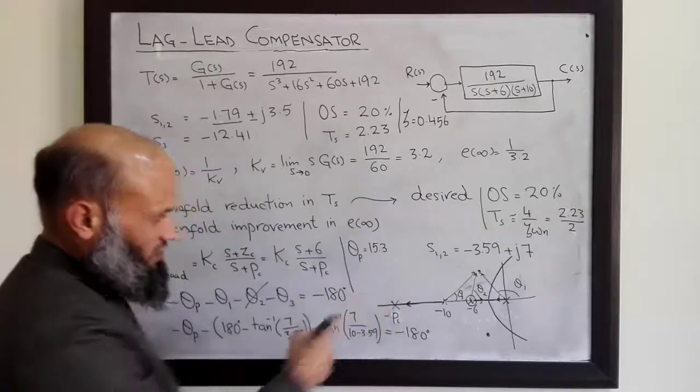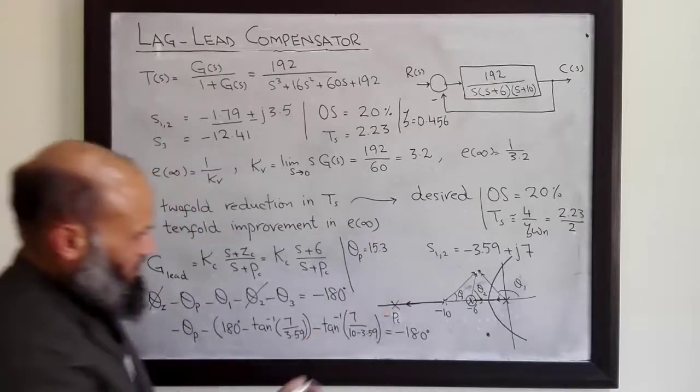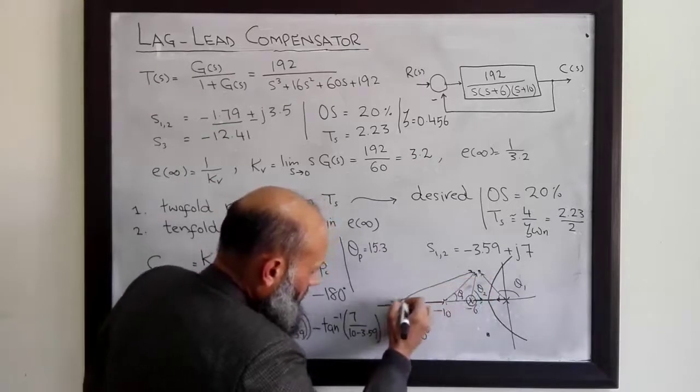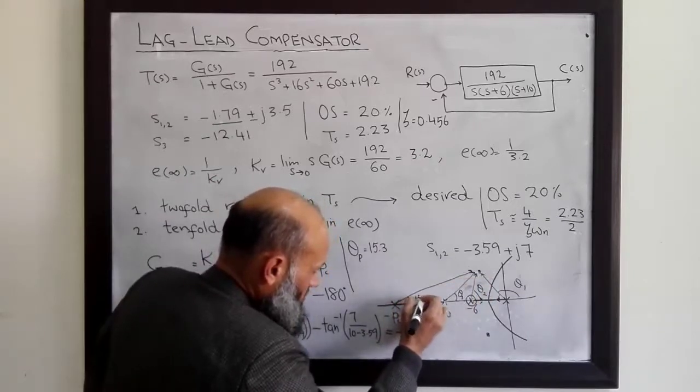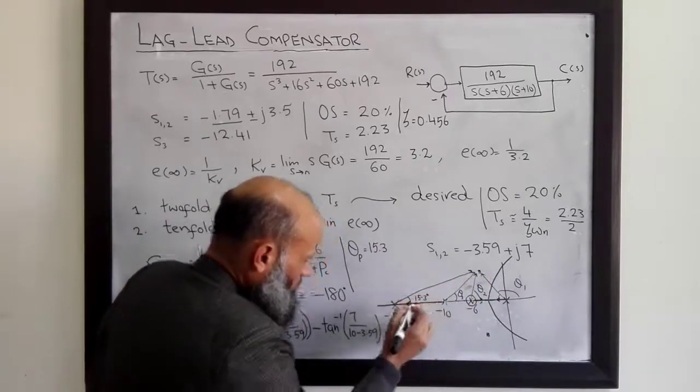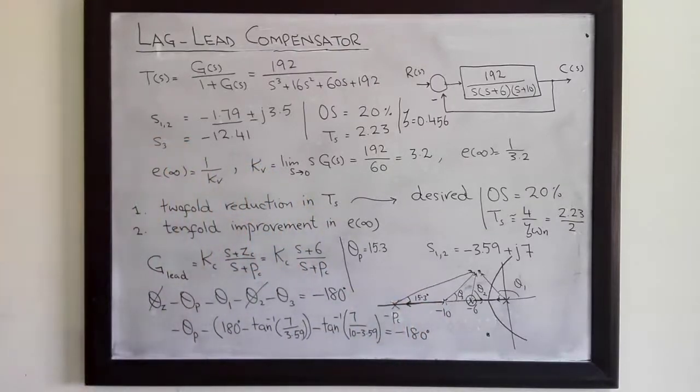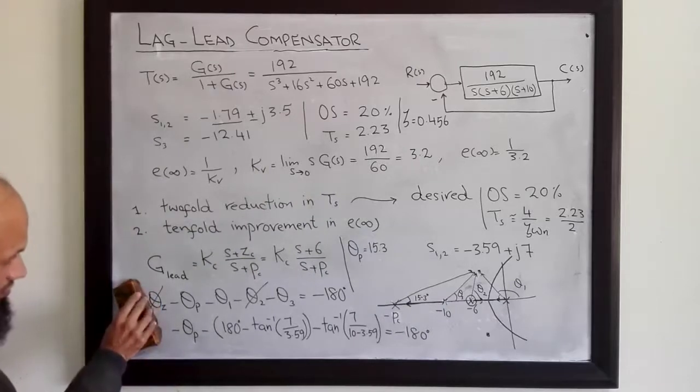So this pole will be placed at a location such that the angle contribution due to this pole will be 15.3 degrees. Now we know this angle, therefore the location of this pole can be determined. So let's determine it over here.